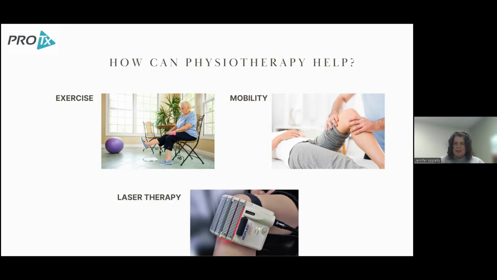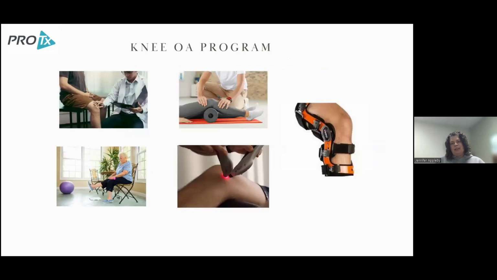ProTX clinics use the BioFlex laser, which is one of the more advanced systems because it uses both red light, infrared light, and then a powerful class 3B true laser that can go even deeper into the cells. These three things in combination have been shown to really improve your quality of life, decreasing pain, increasing function.